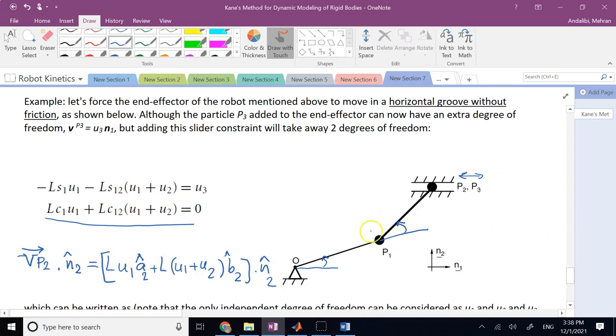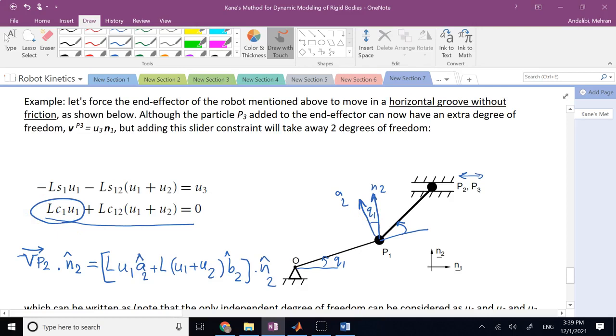And remember, A2 is this direction and N2 is this direction. So the angle between them is this Q1. So you should be getting L U1 and then A2 dot N2, as I said, is cosine of theta 1 or cosine of Q1, which we show by C1.